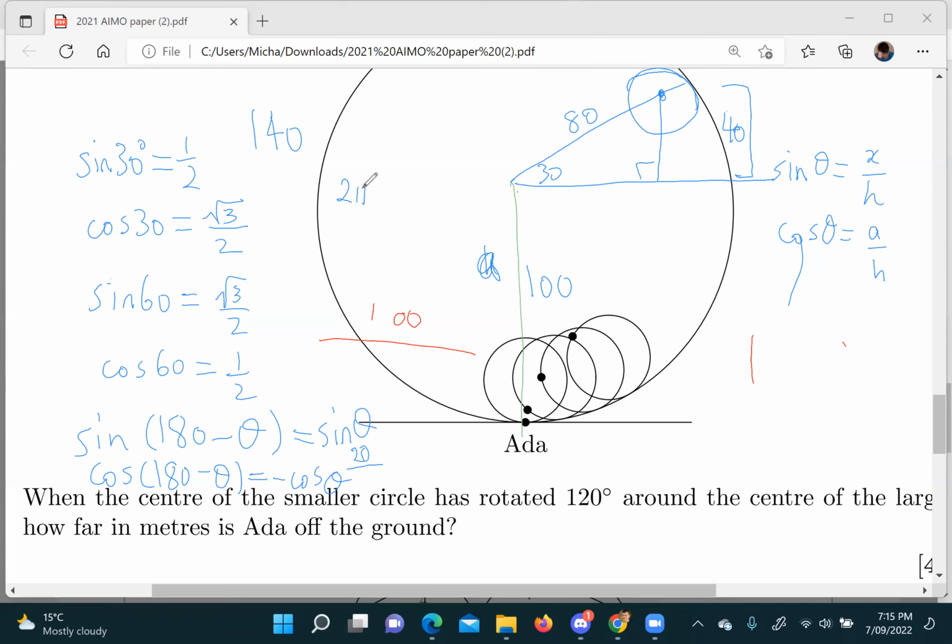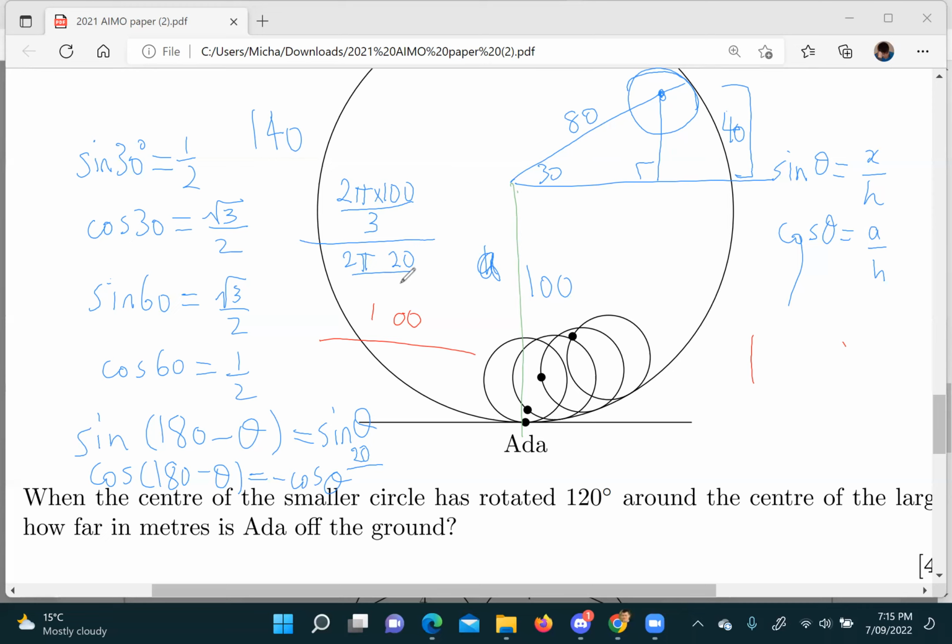Wait, you do it again. 2 pi times 100 over 3, divided by the circumference, 2 pi times 20. I did it the other way, 2 pi 20 divided by 2 pi 100.